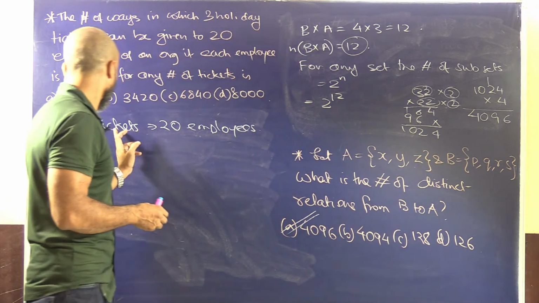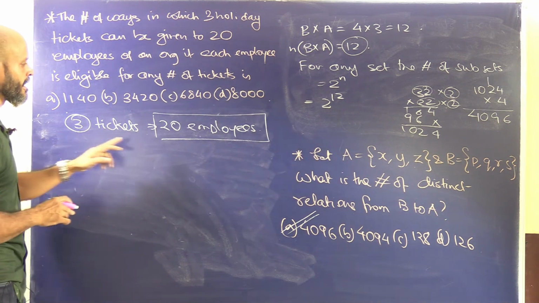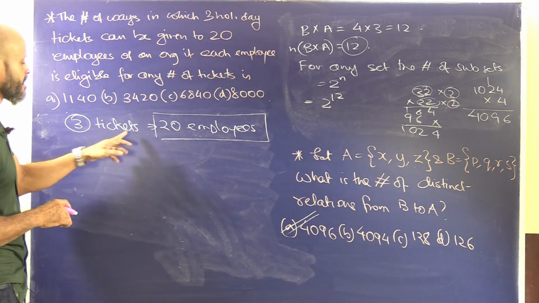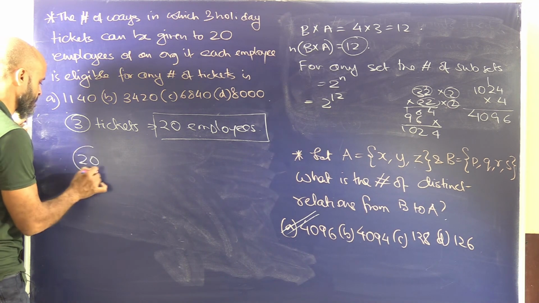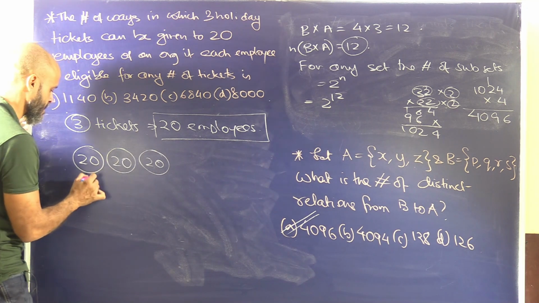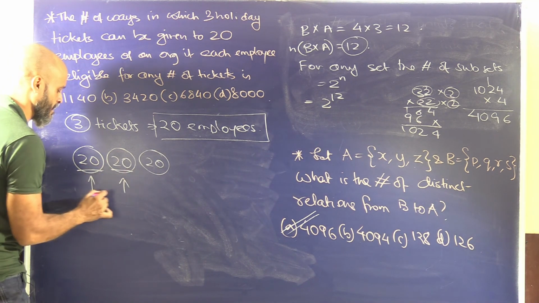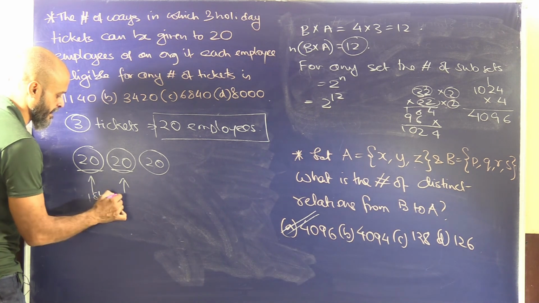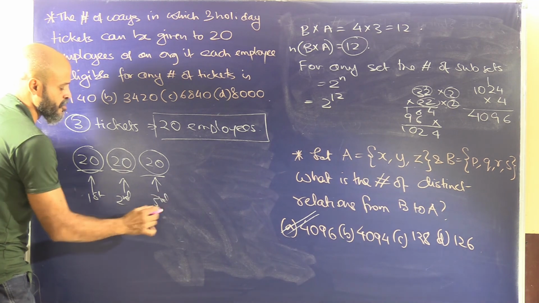Okay, so 3 tickets can be distributed amongst 20 employees. Each of these 20 employees can get any number of tickets. So the first ticket can be given to 20 employees, the second ticket also can be given to 20 employees, and the third ticket can also be given to 20 employees.